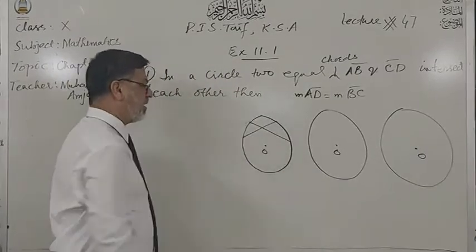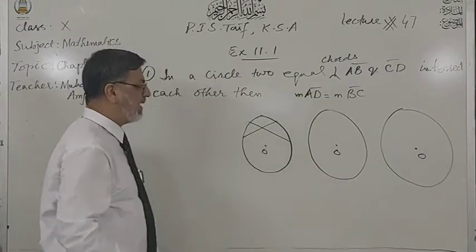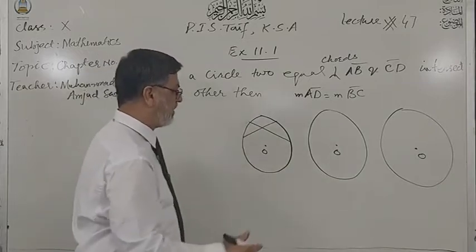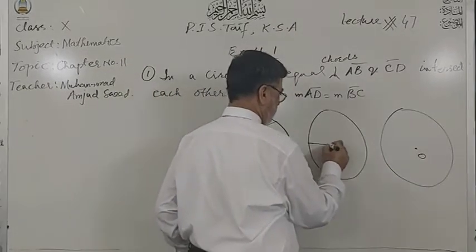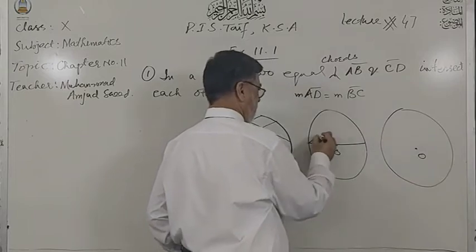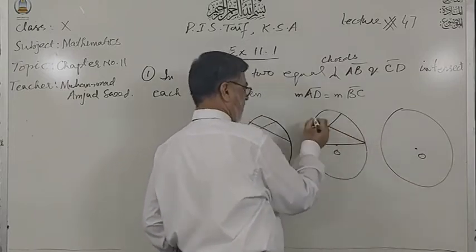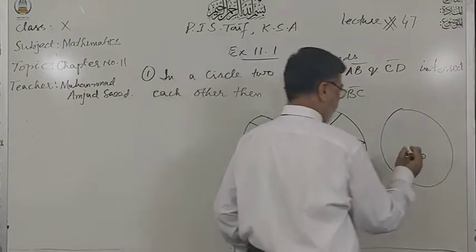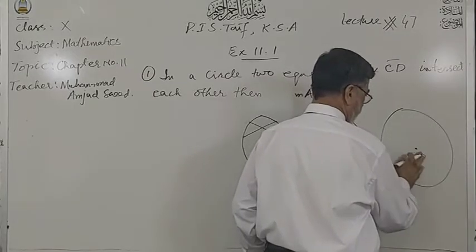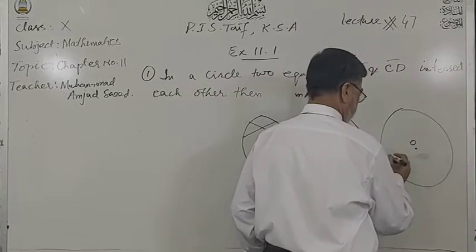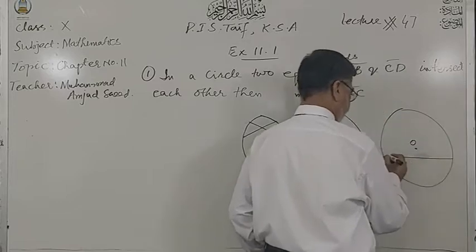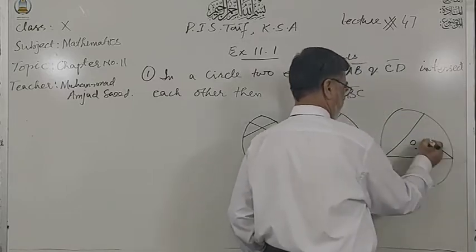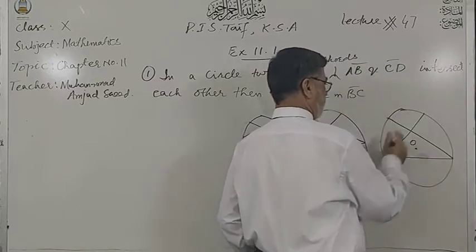Maybe these chords are in less than semicircle portion, equal to semicircle portion, or greater than semicircle portion. There are three possibilities.